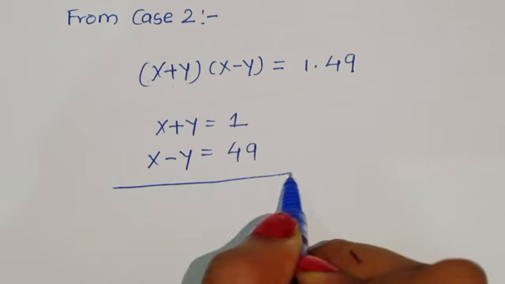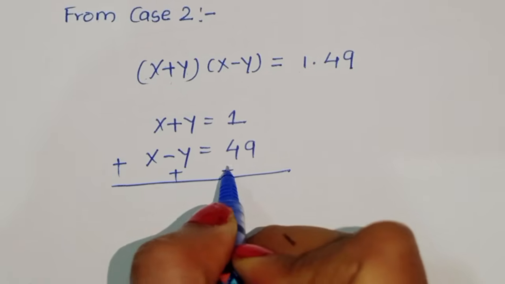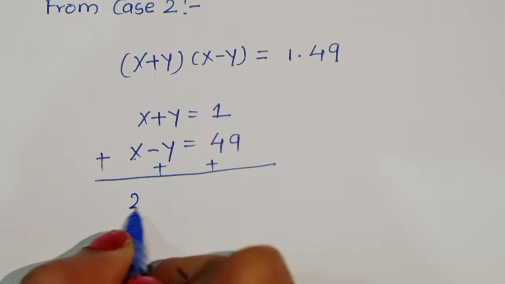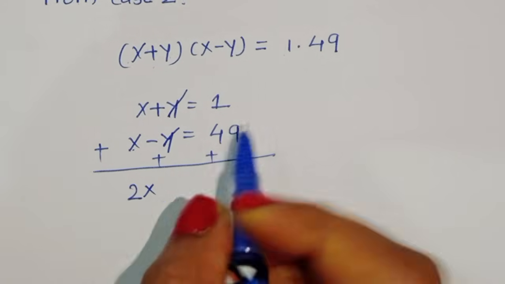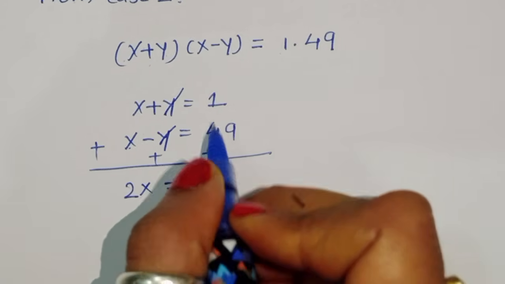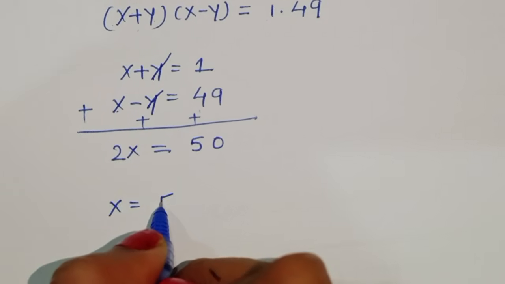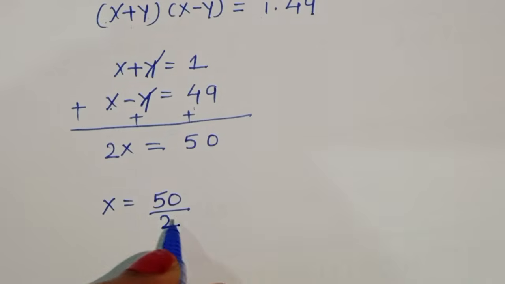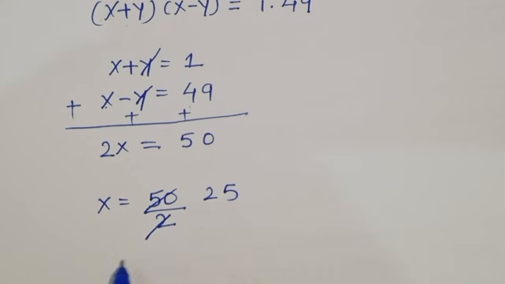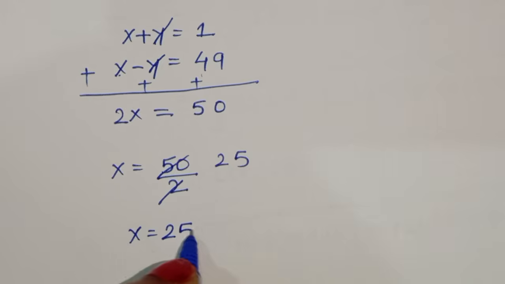Now we have to add these two equations. So x plus x will become 2x, plus y minus y cancels, is equal to 49 plus 1, 50. x is equal to 50 by 2. 25 twos are 50. x is equal to 25.